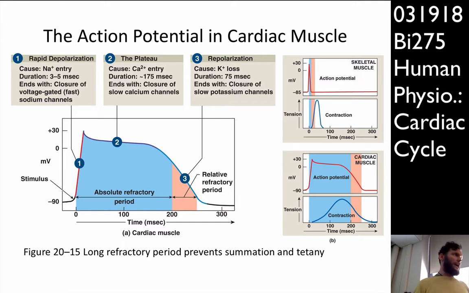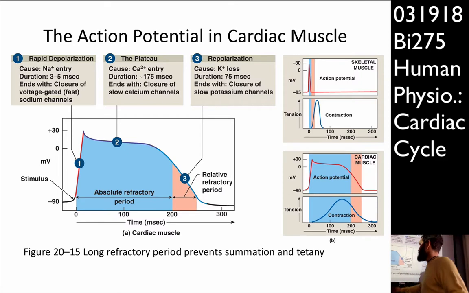But there's a third player that makes the action potential in a myocardiocyte different than you would see in a typical skeletal muscle fiber. And specifically, this is calcium. Calcium is what's called the plateau ion. So we have threshold here. We have rapid depolarization, and potassium is going to cause a repolarization.